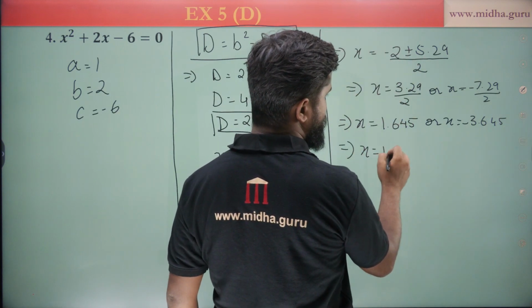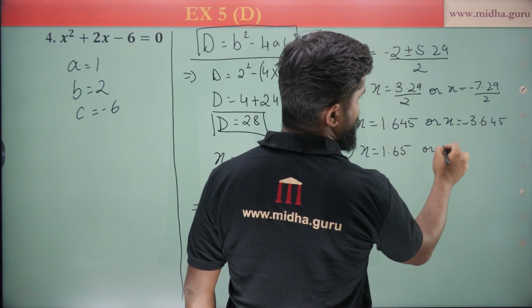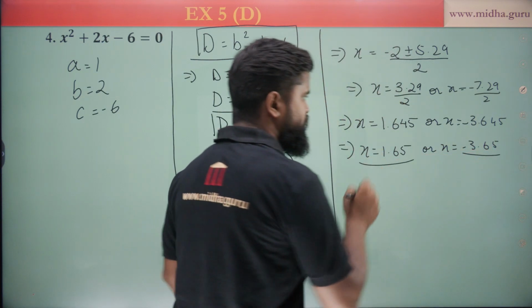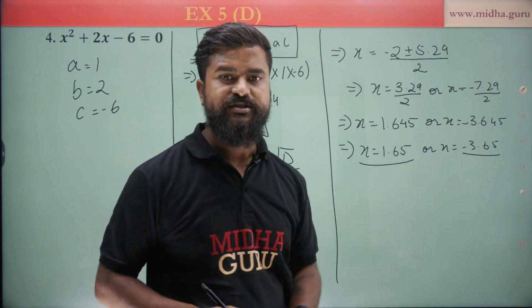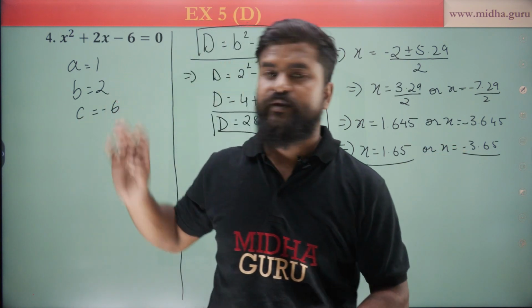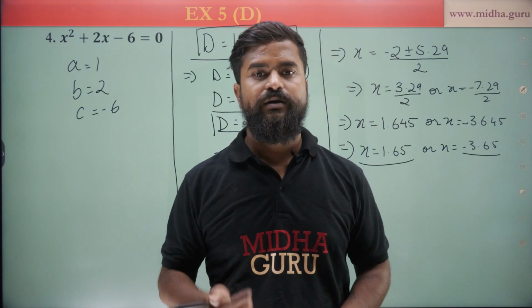So x will be equal to either 1.65 or x will be equal to minus 3.65, since we rounded it off to 2 digits. So this is how we find the solutions for the given equation. So let's move on to the next problem.